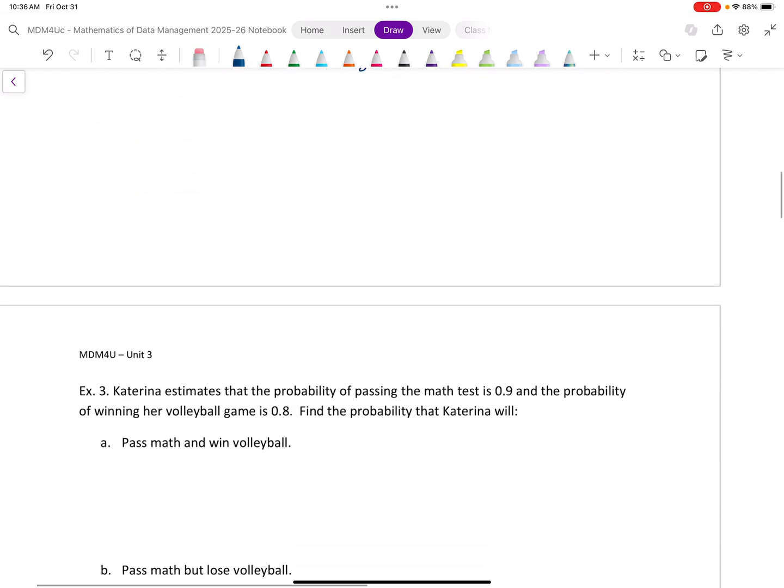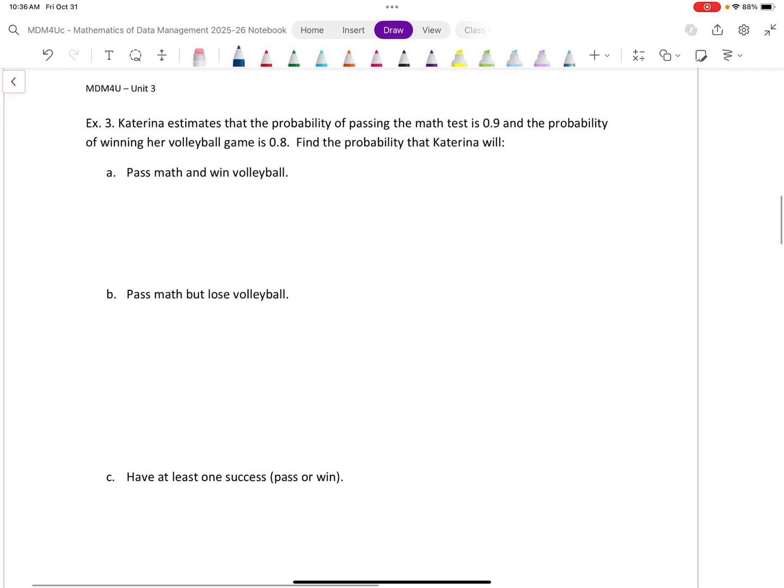So let's try one where the probabilities are different, so it's not always going to be the same. It says Katerina estimates the probability of passing the math test is 0.9, and the probability of her winning her volleyball game is 0.8. Find the probability that she will both pass and win volleyball. So we're doing both together. Both have to occur.